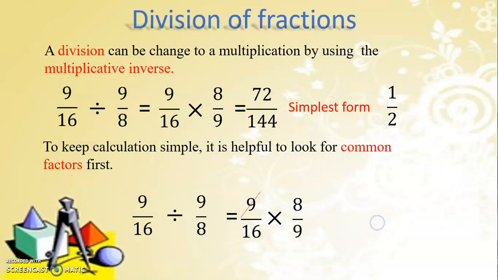Then let us do the cancellation. 9 and 9, the common factor is 9, so it will become 1. Next, the common factor of 8 and 16 is 8, so 8 will become 1 and 16 will become 2. So directly now, 1 times 1 is equal to 1 and 2 times 1 is equal to 2. So we get the same answer.